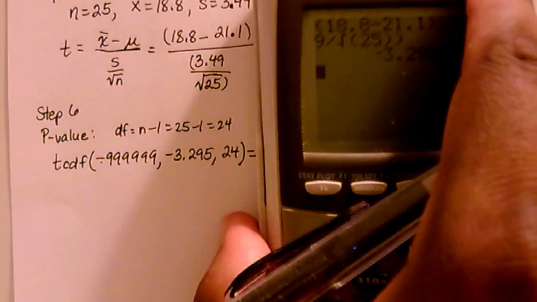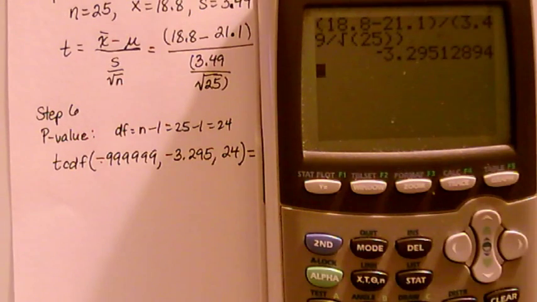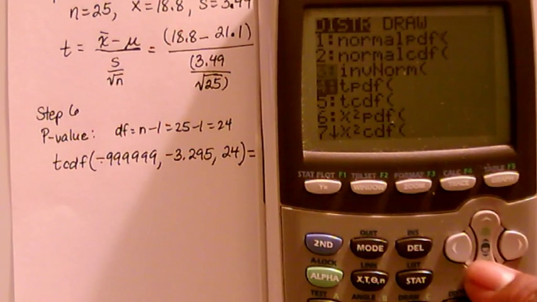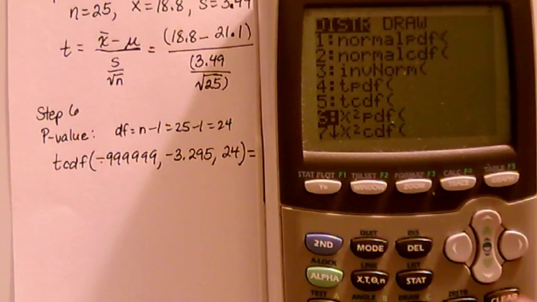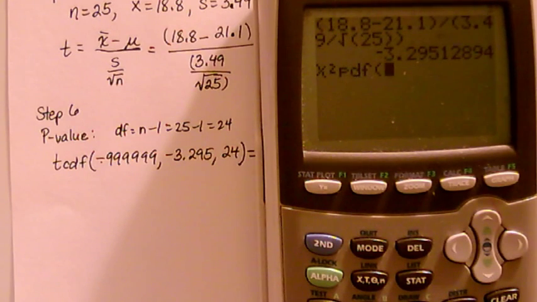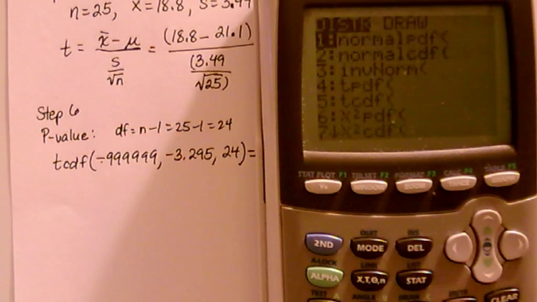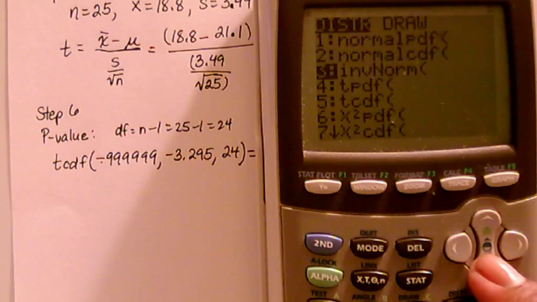Okay, so now let's bring the calculator back up. Hit second, vars. Select TCDF. And then enter negative 999. Well, take that back. Second vars. TCDF.